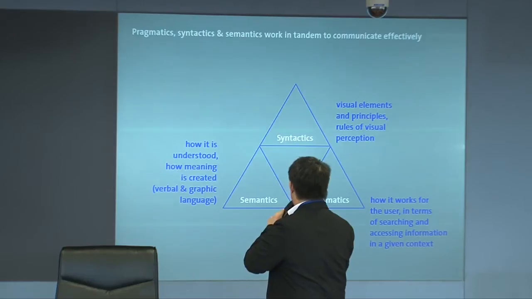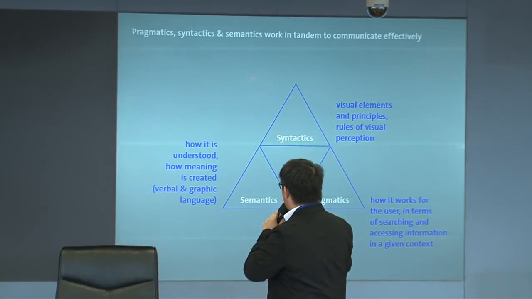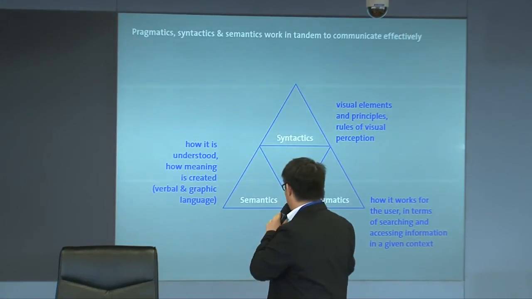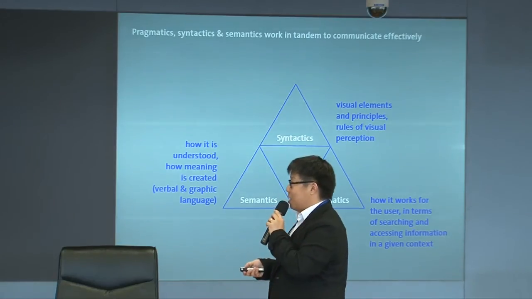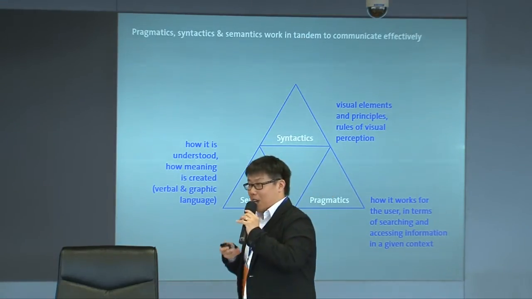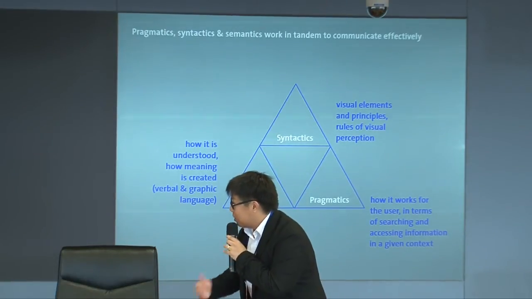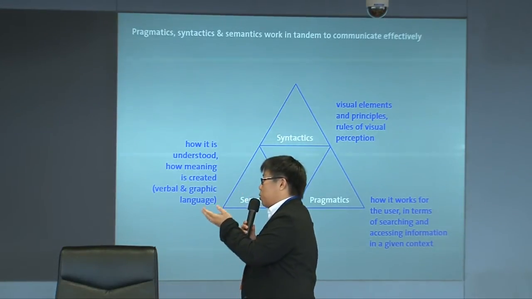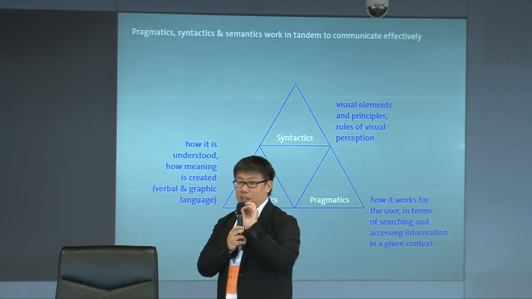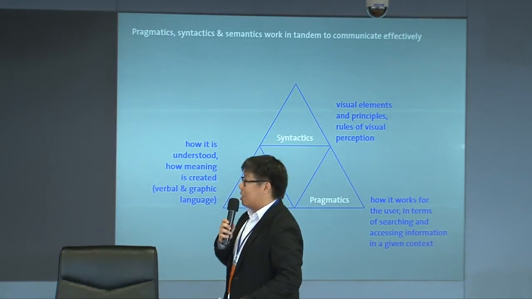I don't just want to focus on the syntactics part. I want to look at how they relate with language and also with how we use things, how we access information, because I lend an information design perspective to my work. So how the user searches and accesses information, looking for things. What can we do as designers to help that?